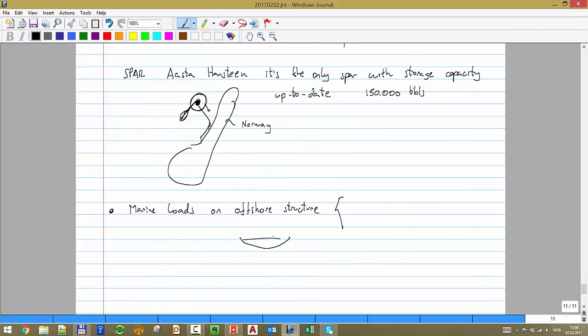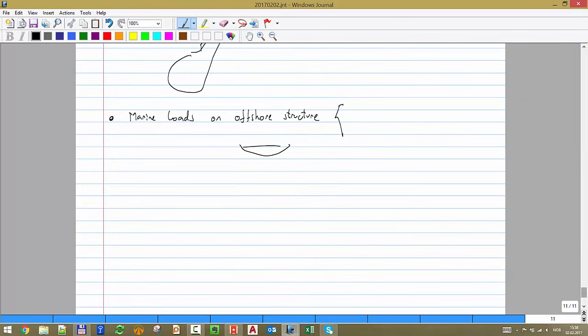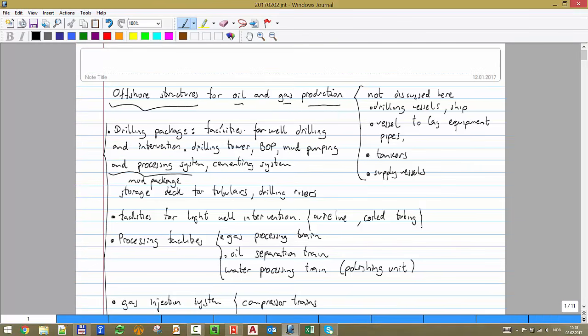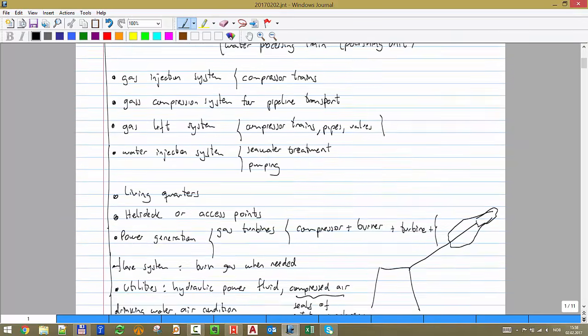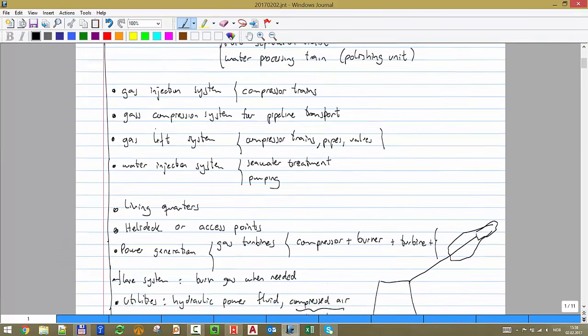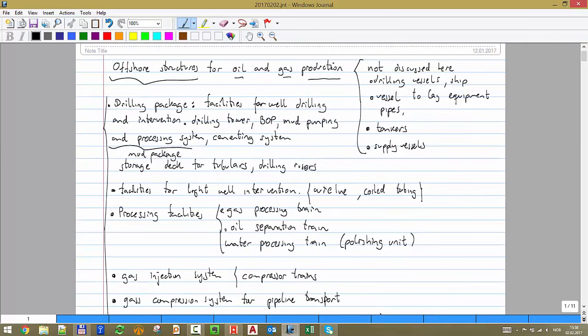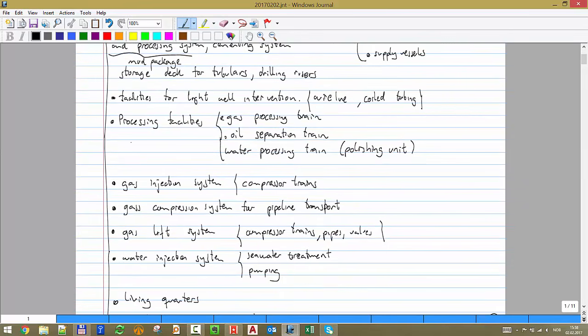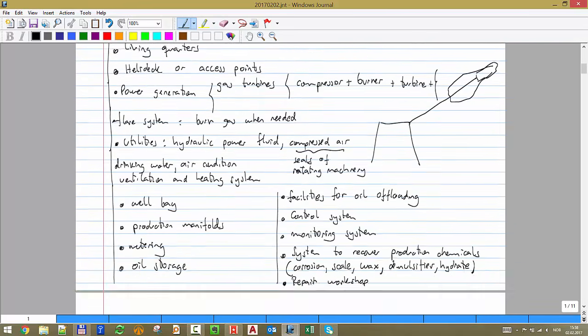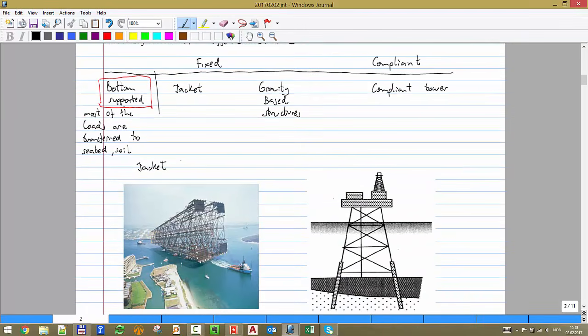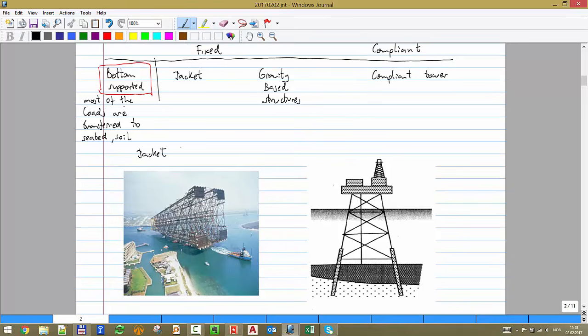Okay, so let's close the session. What we have seen today is a very general introduction to offshore structures. You saw the main functionality that an offshore structure has to have, not all of it, but some of it. We have bottom supported, and then we have floating structures.